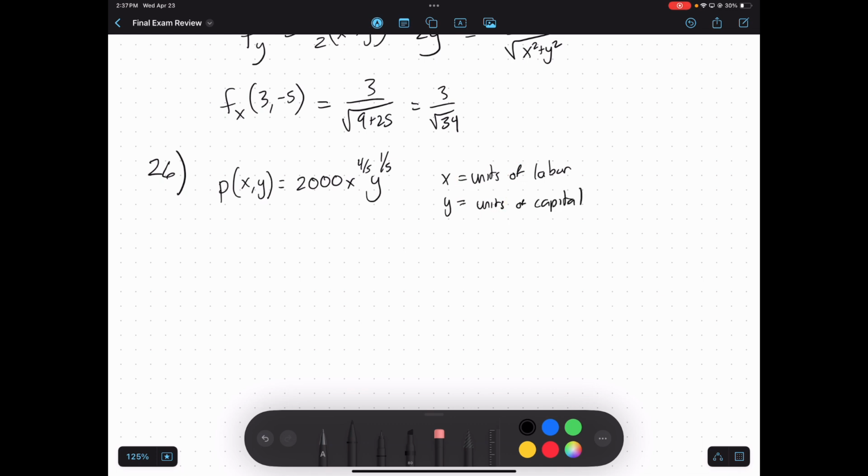And this is just having you find your partial derivatives, plug in your value, and then what is that partial derivative going to actually represent?